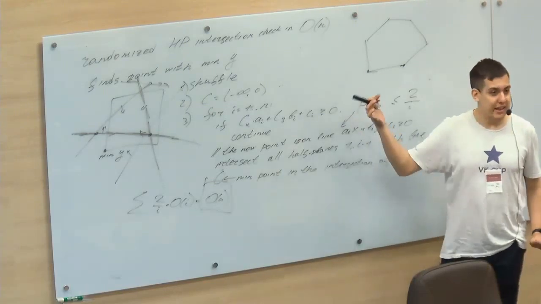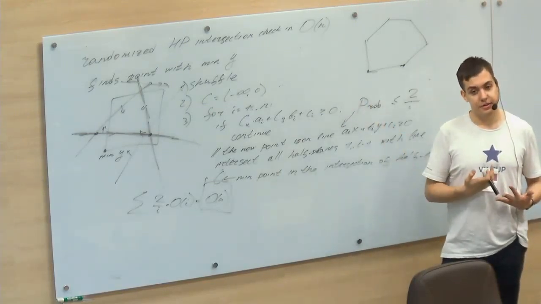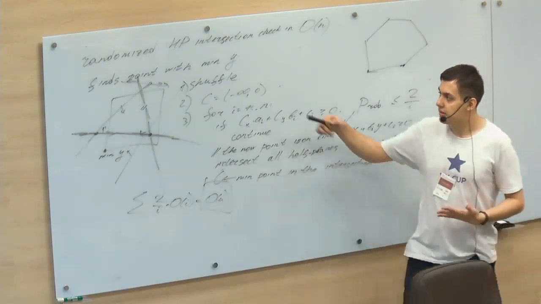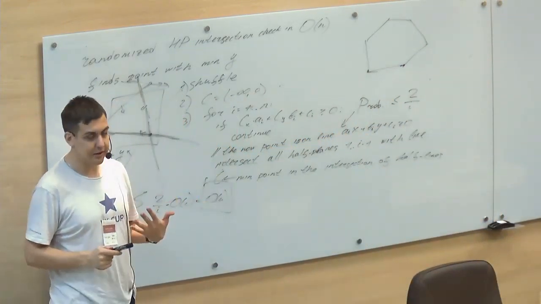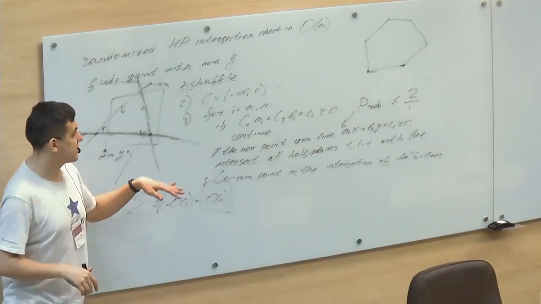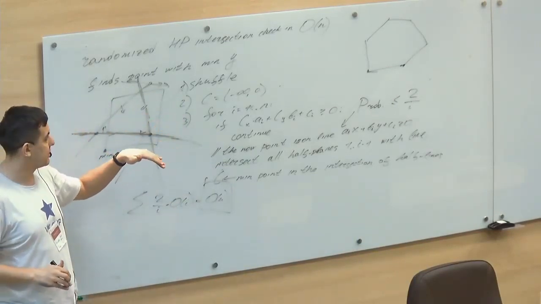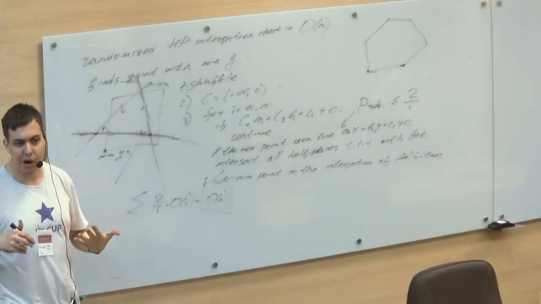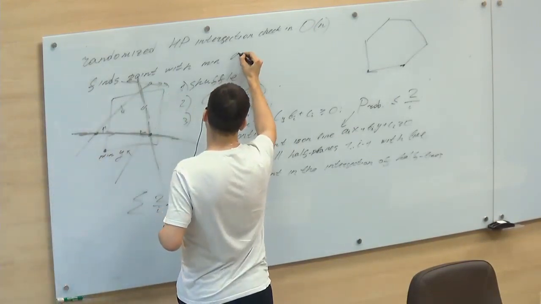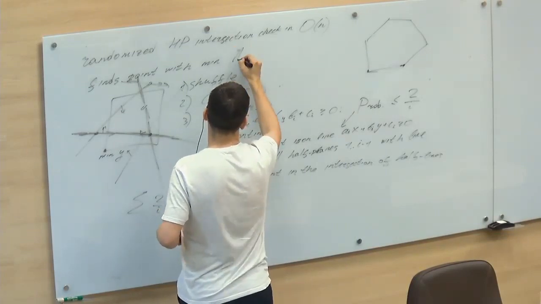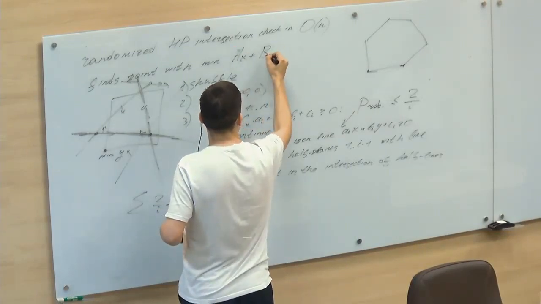And the minimum y here didn't matter. So the minimum y condition here could be replaced with any linear condition. So in fact, this algorithm can find the point with not just the minimum y, but with minimum ax plus by.